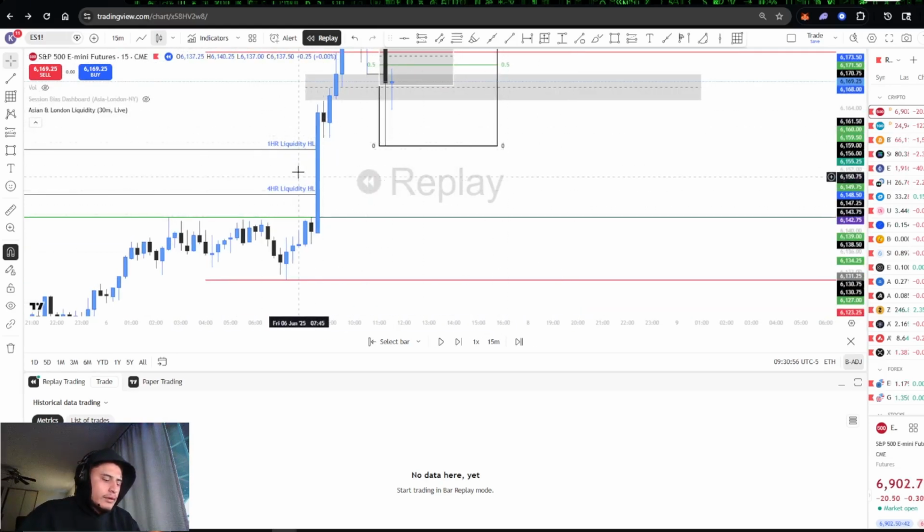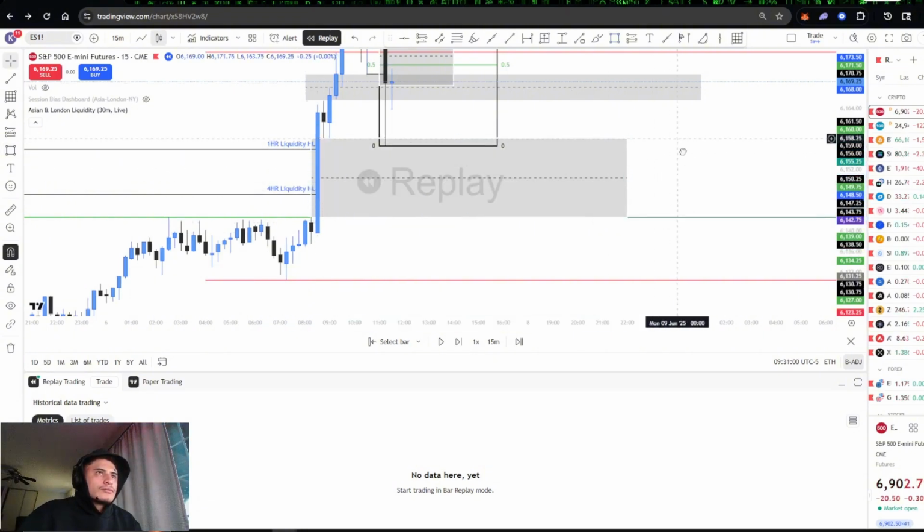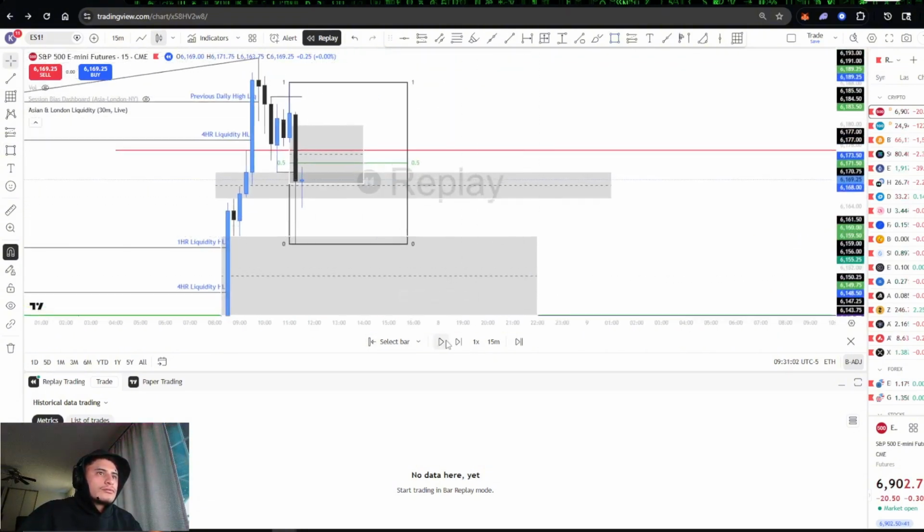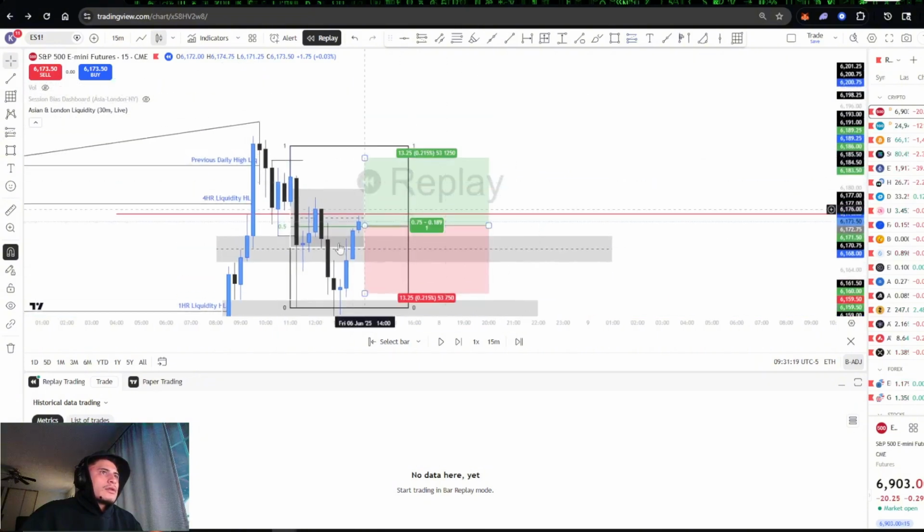We got this relic up here. Still gotta find a retracement back here. The retracement entered on this candle. Entered on this candle.